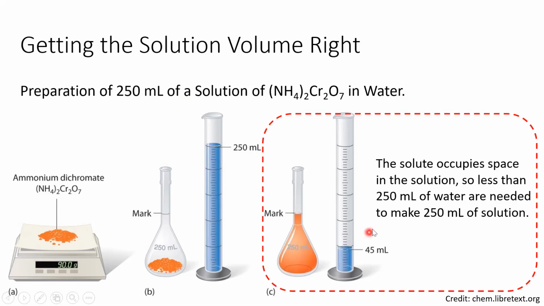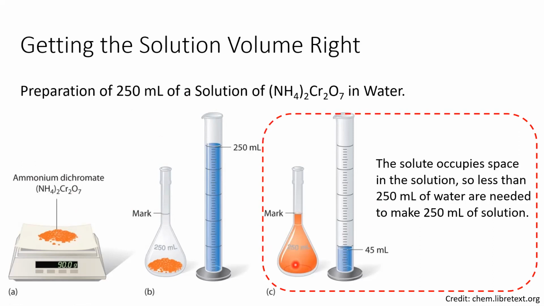And the reason for that is the solute that's in this solution is actually occupying some of the volume. So we're not adding 250 milliliters of water to our 90 grams of solute. We're taking the 90 grams of solute and adding water until the total volume is 250 milliliters.